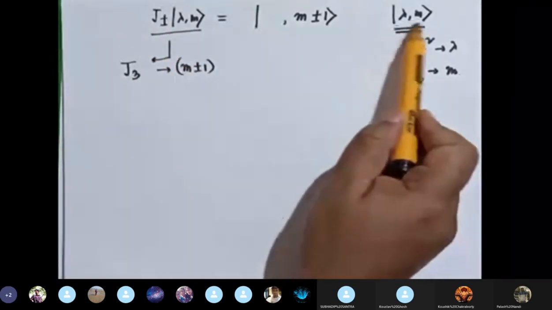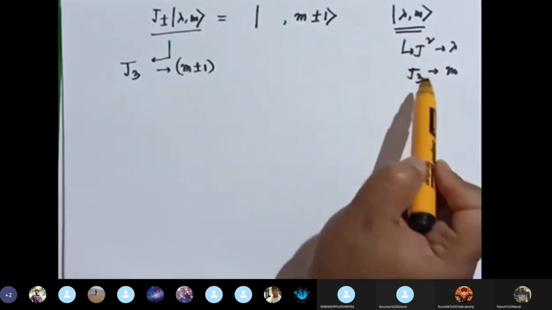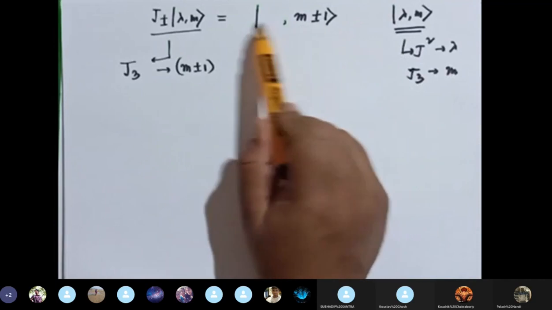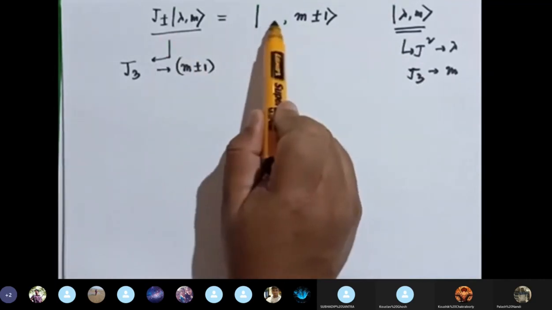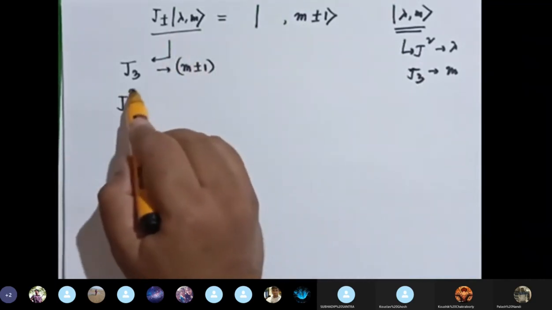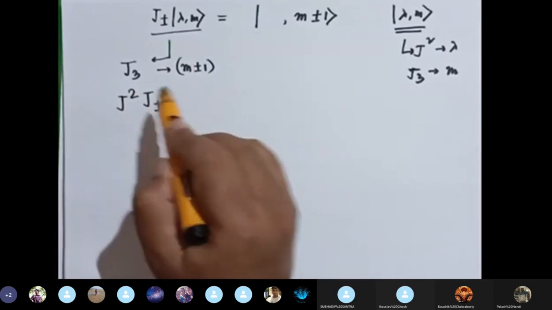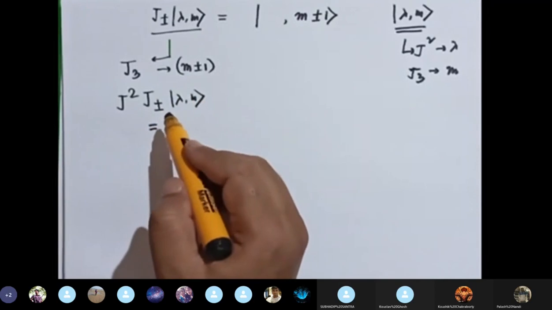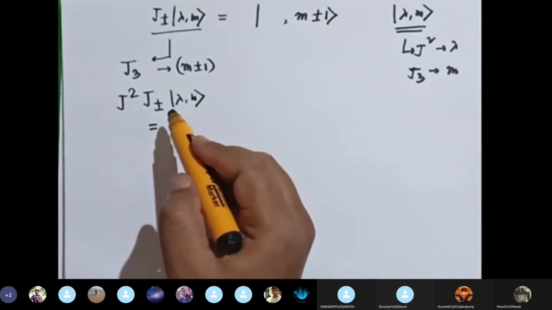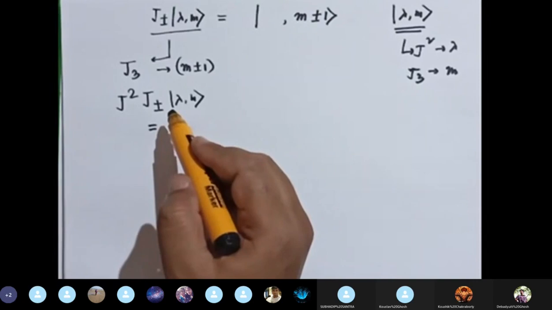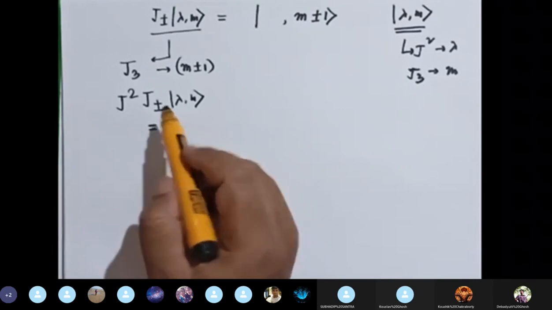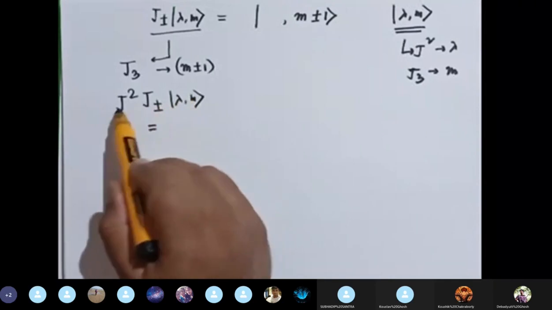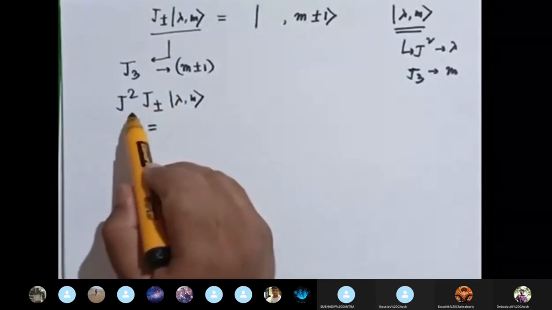Since this is a generic notation for an eigenstate of J3 with eigenvalue m, in place of m I have written m plus 1. So here I have to find out whether this state is an eigenstate of J square. You can see that J plus minus contains J1 and iJ2, so it always commutes with J square, the Casimir operator.